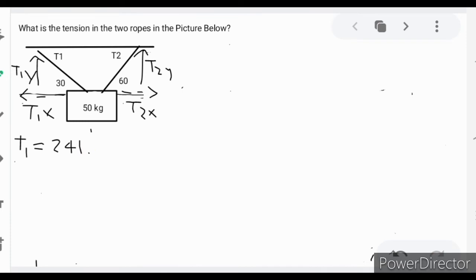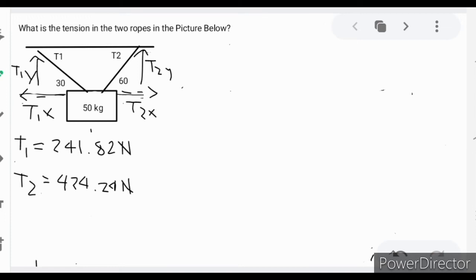But first, let's write the answers for T sub 1 and the answer for T sub 2. 424.24 Newton. Okay, first, let us proceed to getting the values on T sub 2. So let us first get the value for Tx sub 2 first.